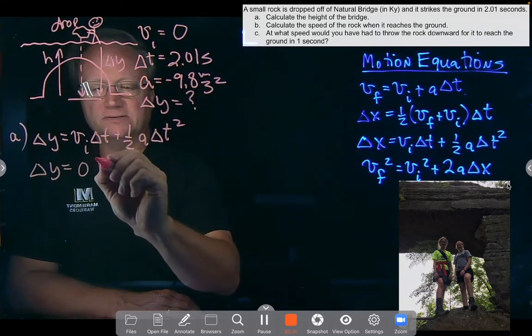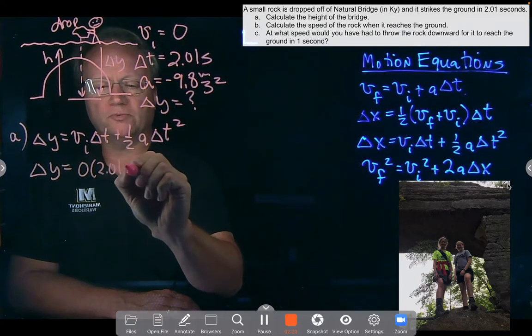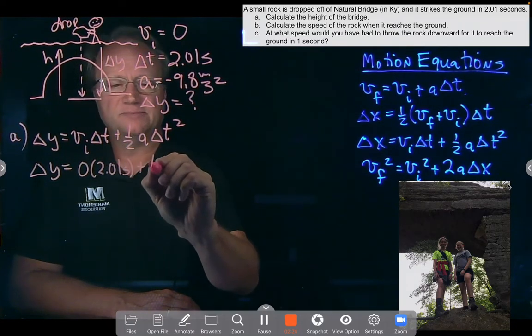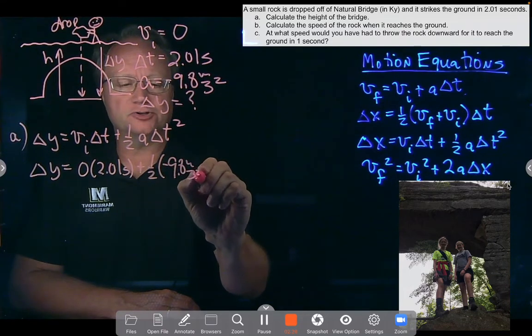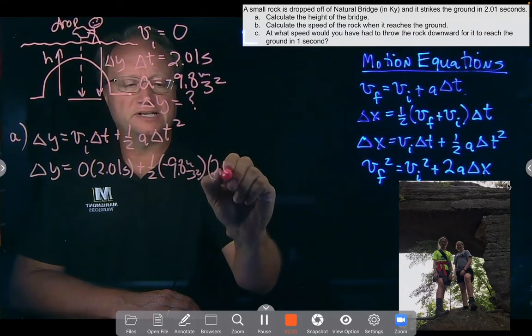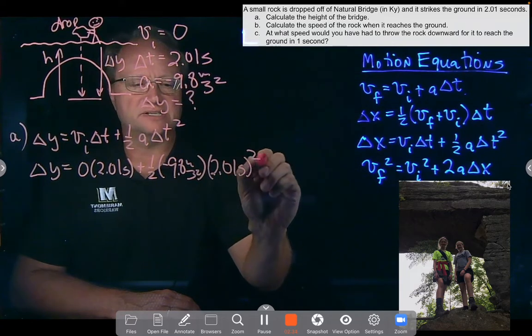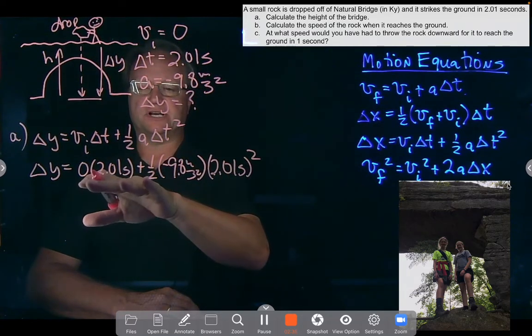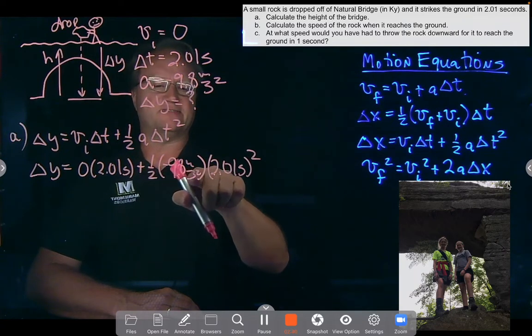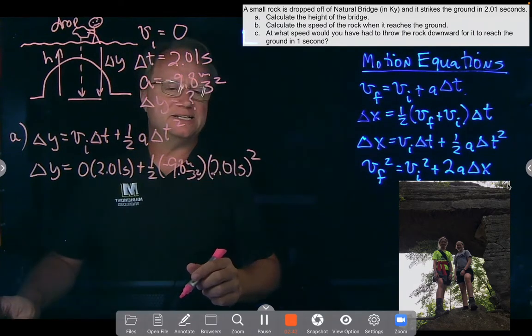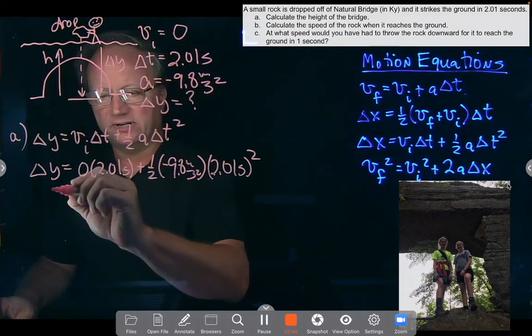Vi is 0 times the 2.01 seconds plus 1/2 times a negative 9.8 meters per second squared times 2.01 seconds squared. So 0 times the 2.01 here is 0. So then my value is the 1/2 times the negative 9.8 times the 2.01 squared.